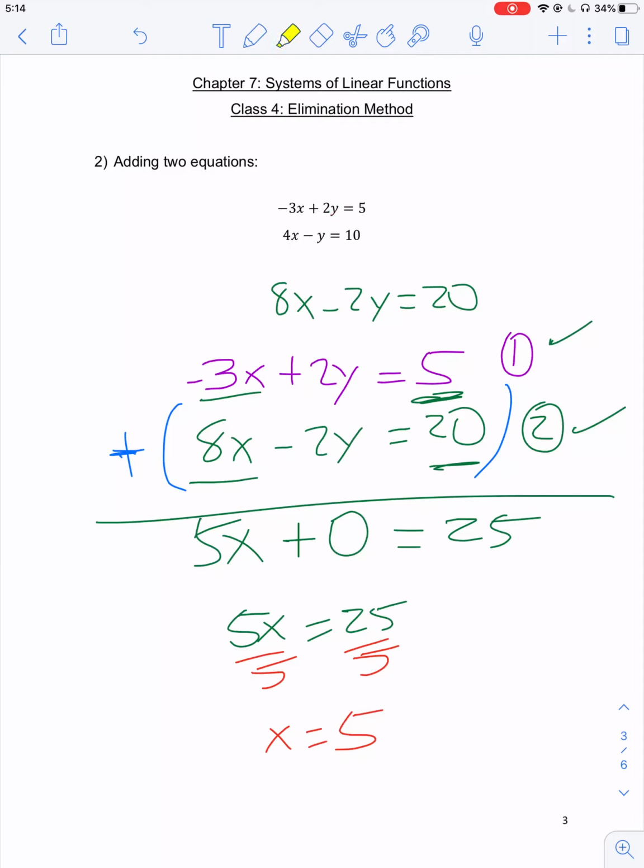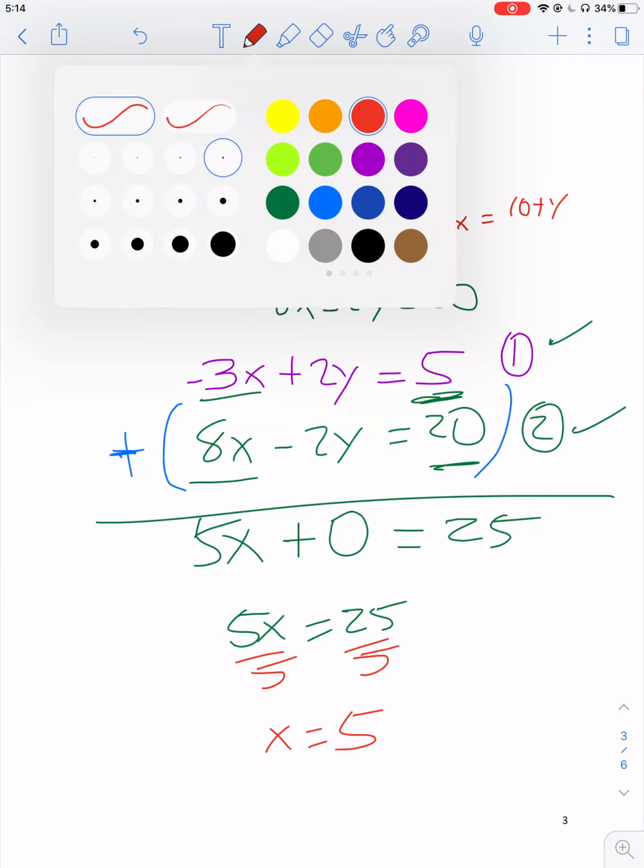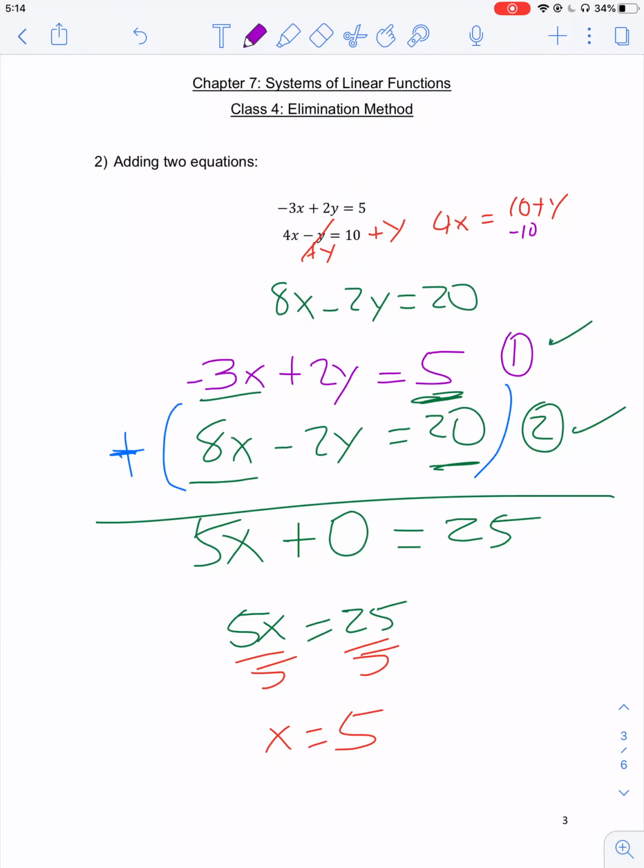Okay, so if you do plus y, then this will cancel, right? You're going to get 4x is equals to 10 plus y, and then you can just get rid of the 10 by doing minus 10 minus 10, right? So that means y is just equals to 4x minus 10.